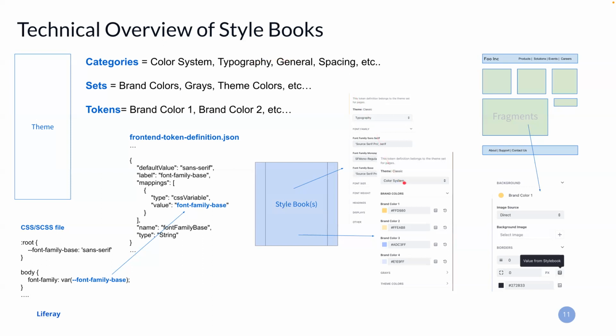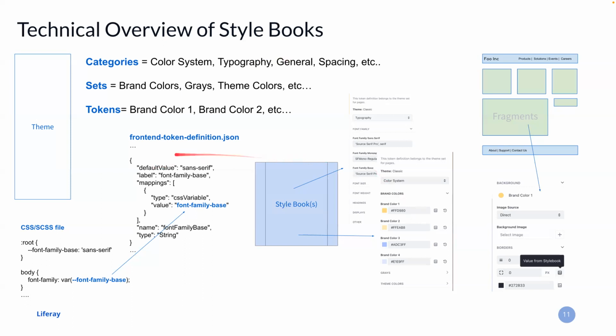You can see some examples right here for the drop-down category when we're in the Stylebook editor, or even typography right here. Each category is going to have its own group of sets. So you have brand colors, grays, theme colors, for example, or maybe font family, headings, font weight. And with each of those sets, we'll also have different tokens, so brand color 1, for example, or maybe the H1 for the heading.